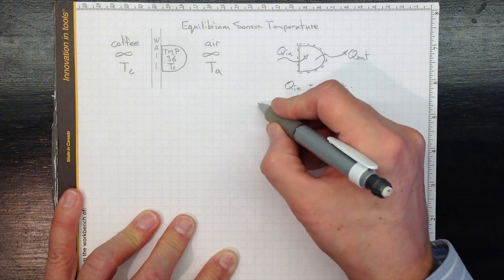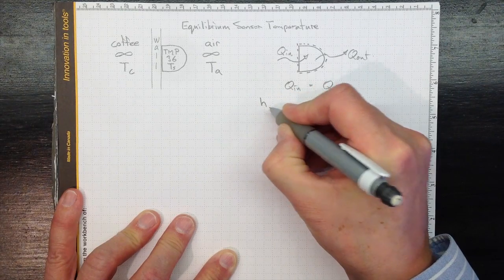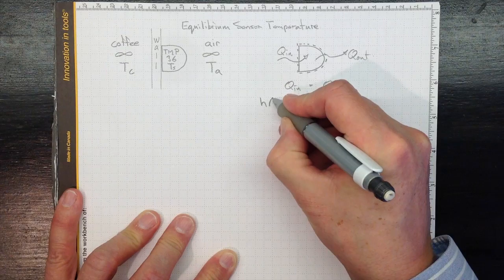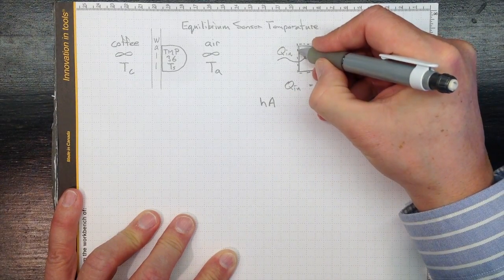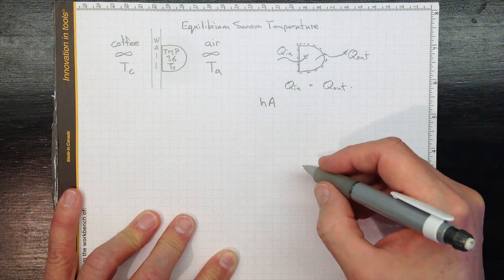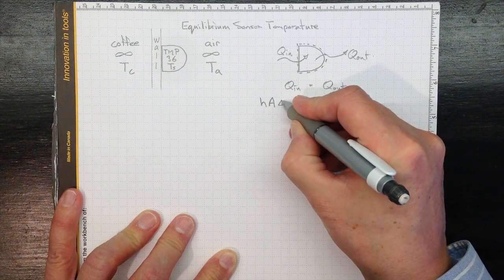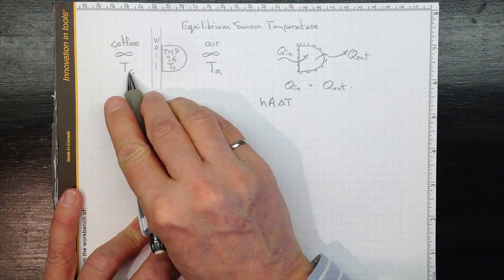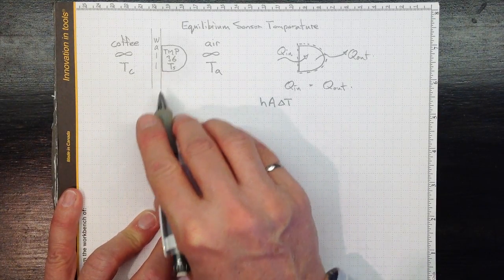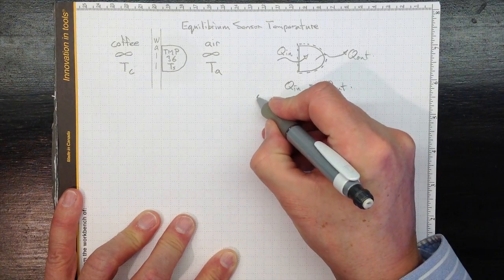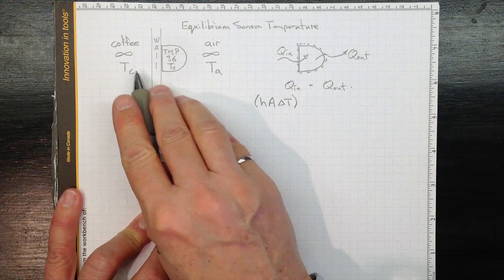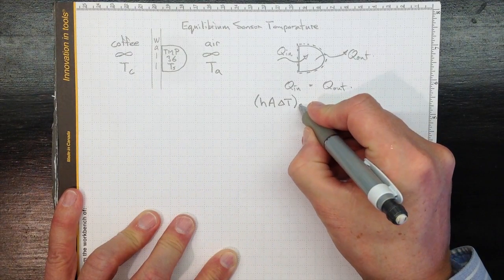So we're going to soak up all of the things that we don't know about heat transfer in that heat transfer coefficient H. We're going to multiply it by the area, this area here that's in contact with the wall, and we're going to multiply it by the temperature difference, because the bigger the difference between the coffee temperature and the sensor temperature, the more energy we're going to transfer into the sensor. So let's just make it clear that all of that is about the interface between the coffee and the sensor.